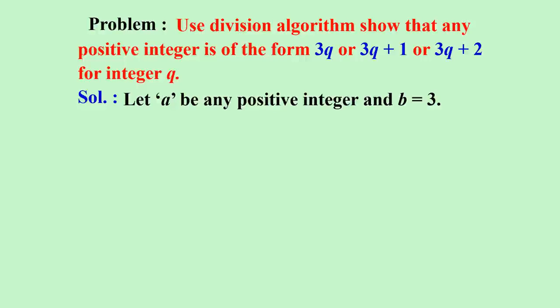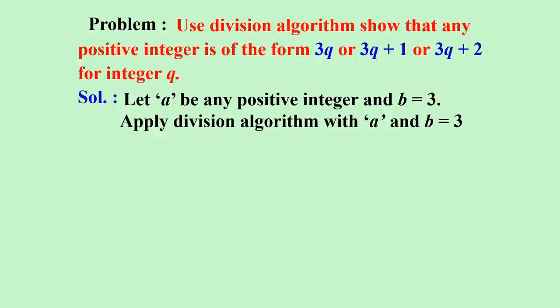Why have we chosen b is equal to 3? Children, let us see, the problem requires us to prove any positive integer is in the form of either 3q or 3q plus 1 or 3q plus 2. In that, the coefficient of q is 3. Therefore, we chose b is equal to 3.